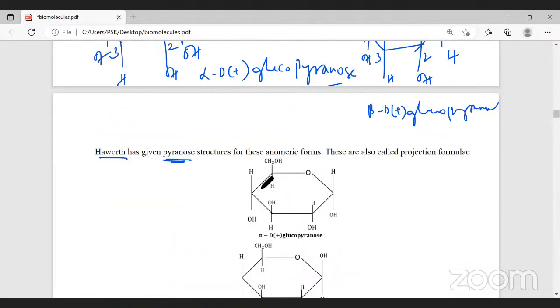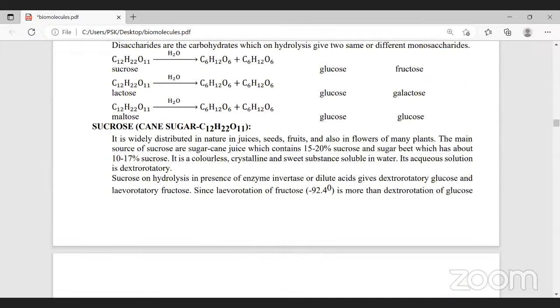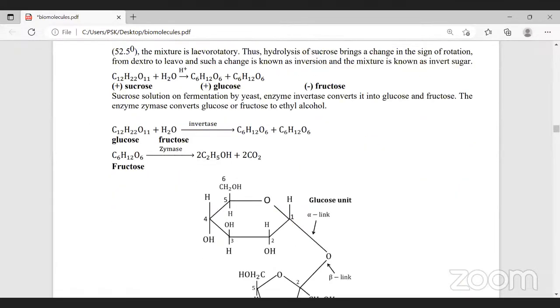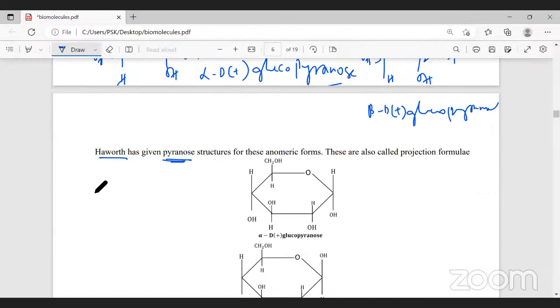Now, fructose. I'll write the structure of fructose here because there is no space. For fructose, we write 6 carbon atoms in a straight chain.